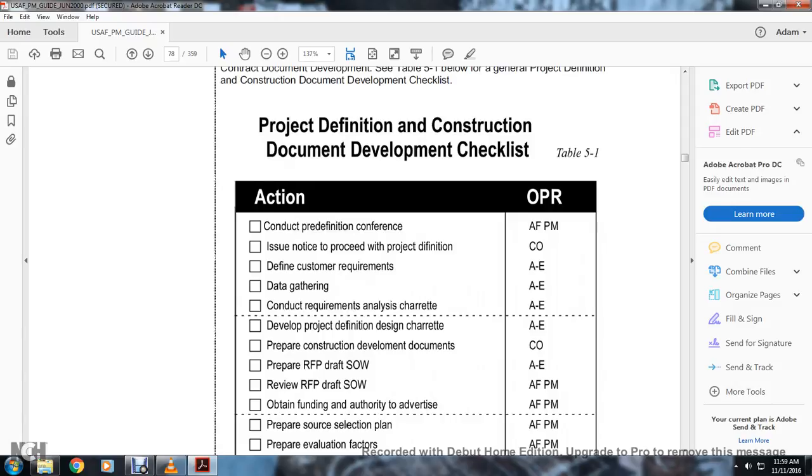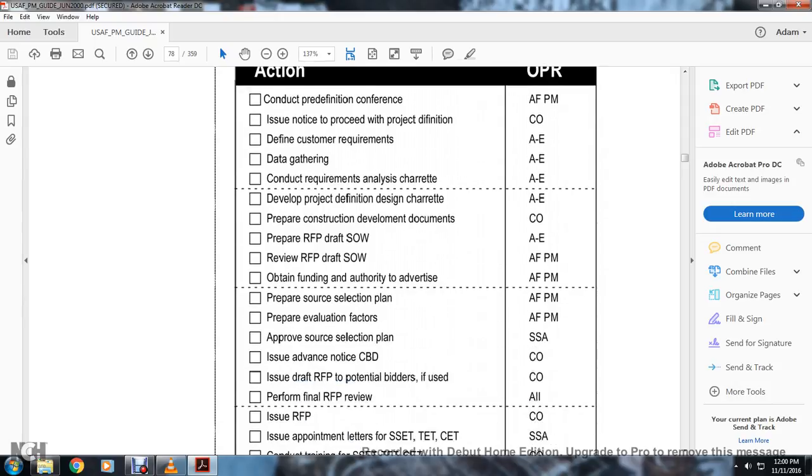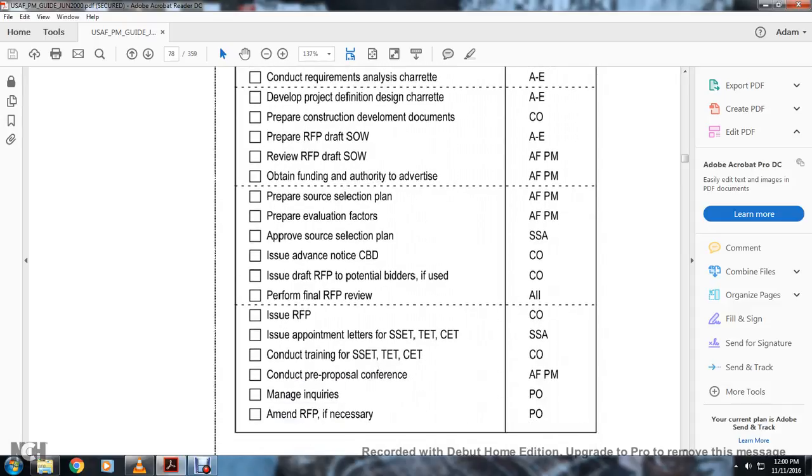Prepare construction development documentation, prepare request for proposal, draft a statement of work, review request for proposals, obtain funding and authorize advertising. Prepare source selection plan and evaluation factors, approve source selection plan, issue advance notice in the Commerce Business Daily, issue the draft request for proposal to potential bidders if requested, issue the request for proposal, issue the appointment letters for SSET, TET and CET, conduct the training of the SSET, conduct the pre-proposal conference, manage inquiries and amend the request for proposal if necessary.